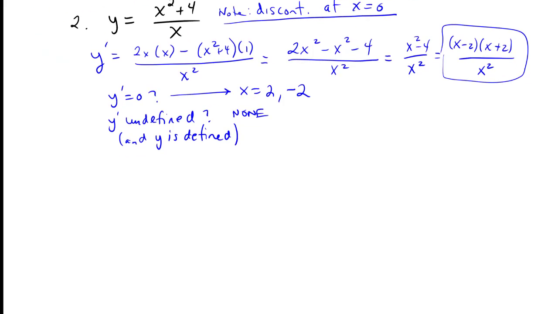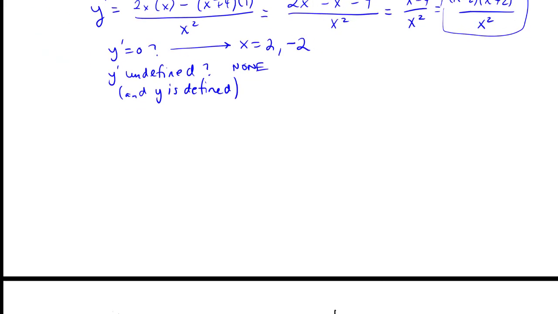Okay, so now I have the information to do a little derivative chart. So I'm going to put on this chart the critical numbers, -2 and 2, and I'm also going to put the 0 here, and I'm just going to make a note to myself that that's there because it's a discontinuity.